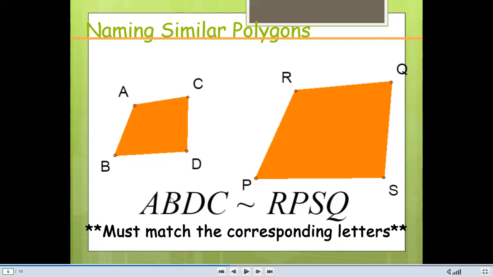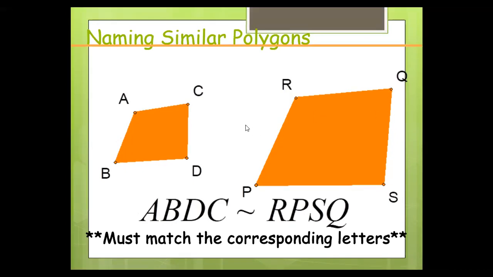If you start from A, B, D, C, then the second one, Abdullah, could you please tell me the second one if I'm saying A, B, D, C? RPSQ.